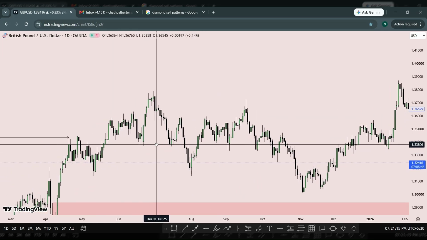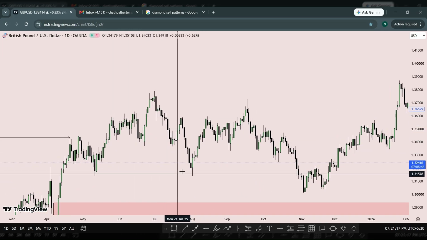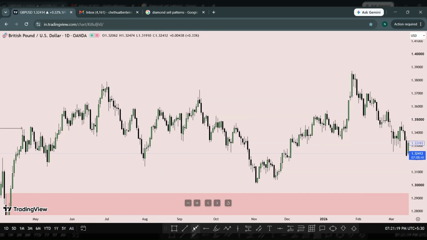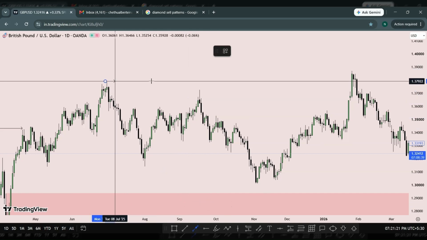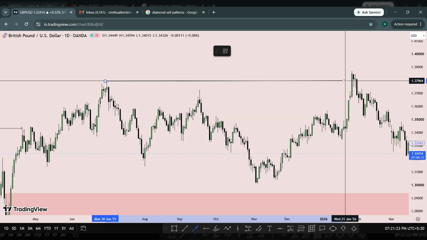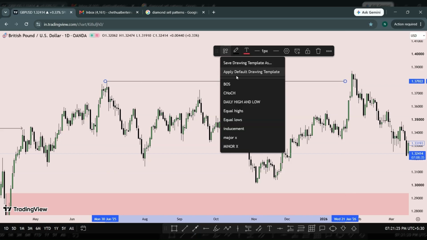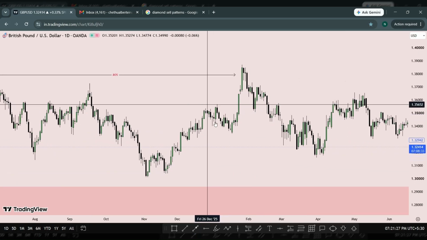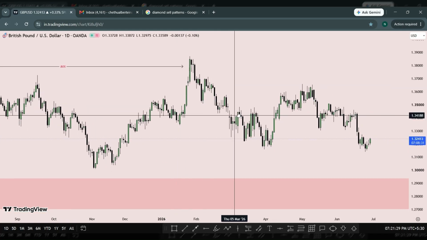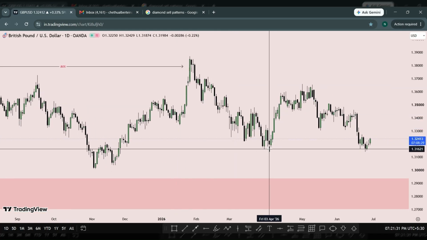You see the market created this high and this daily takeoff structure happened here, and the market tapped here.